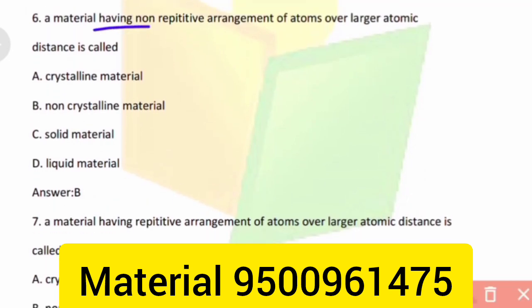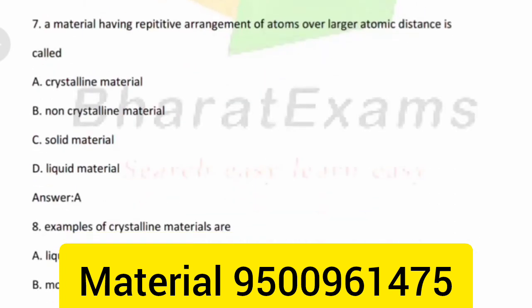A material having non-repetitive arrangement of atoms over a larger atomic distance is called non-crystalline material. A material having repetitive arrangement of atoms over a larger atomic distance is called crystalline material.